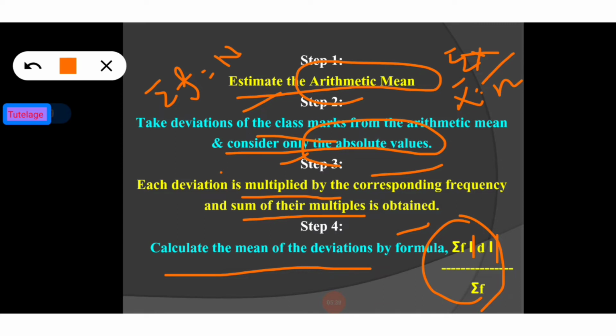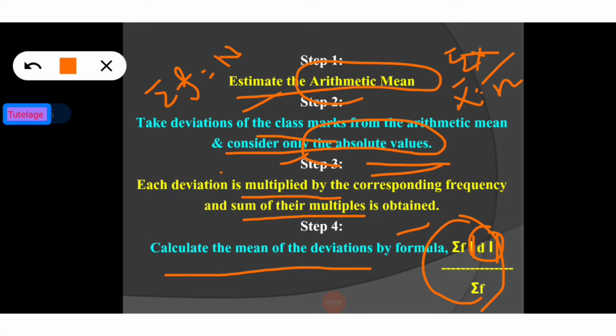Mod value means it doesn't consider the algebraic sign, plus or minus. In the calculation of the mean deviation we always consider only the absolute values. So d indicates the deviation of the values, and summation fd means f into d.